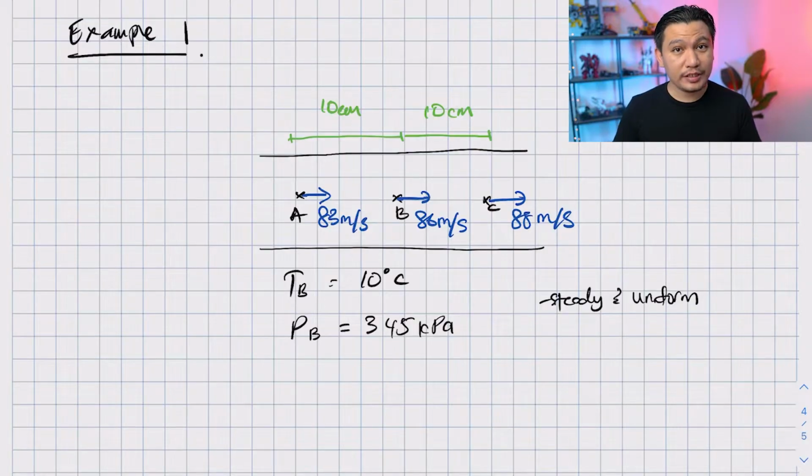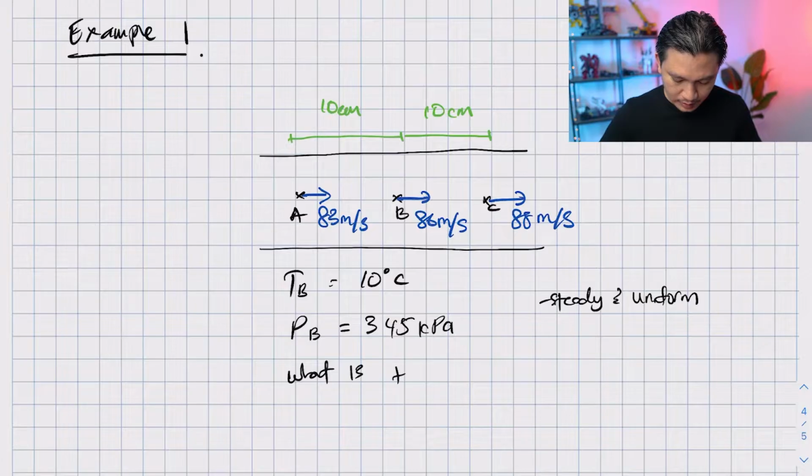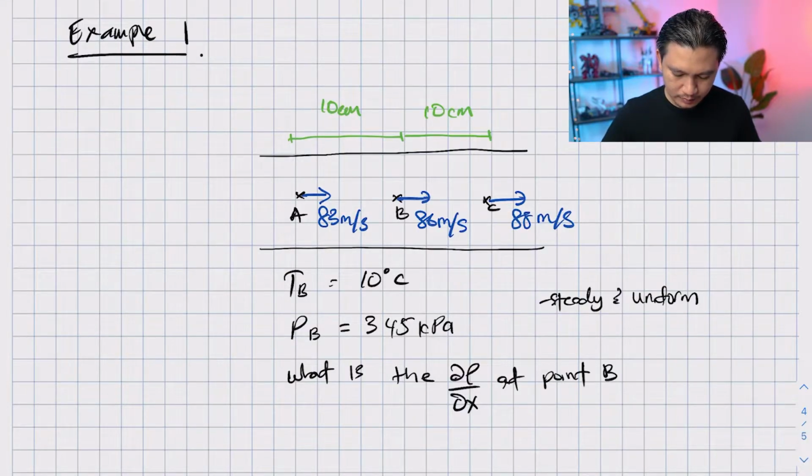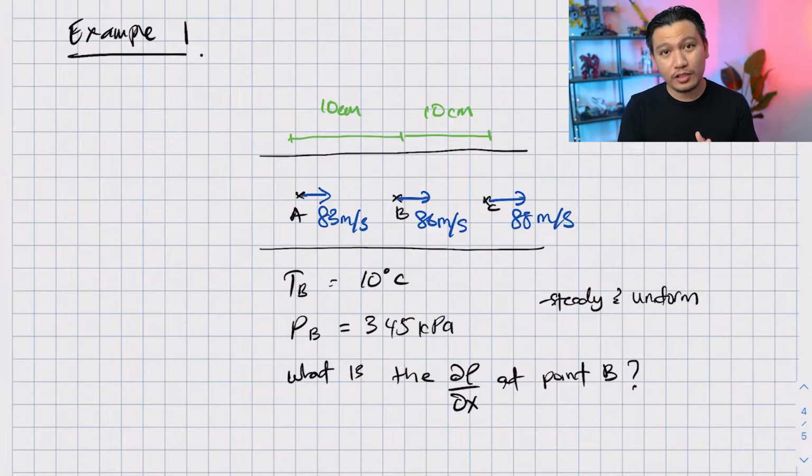Now, the question is asking what is the del rho over del x at point B. So this implies that the density of the flow is actually changing as it moves across point B.